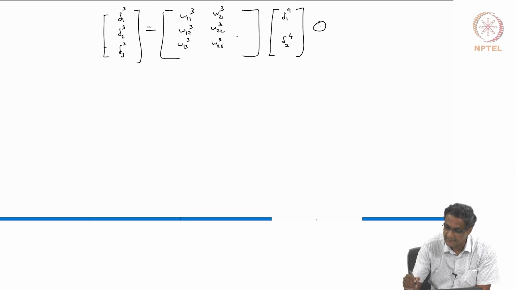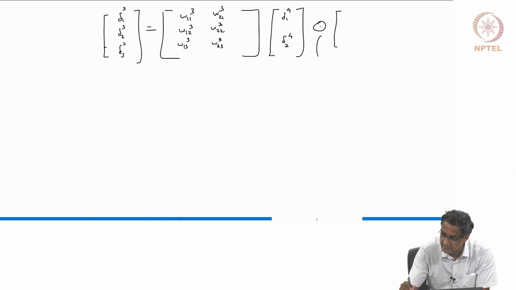Right, and here you will have a vector. So this is element wise multiplication, and this will be f dash of z 1 3, z 2 3 and z 3 3.